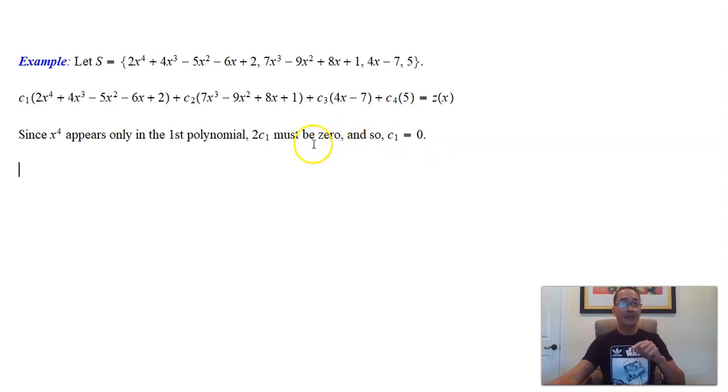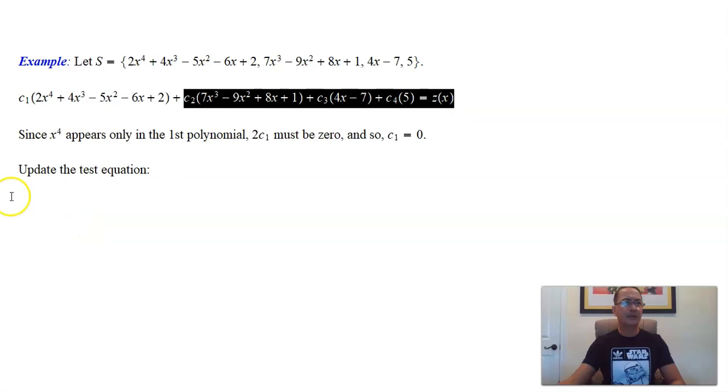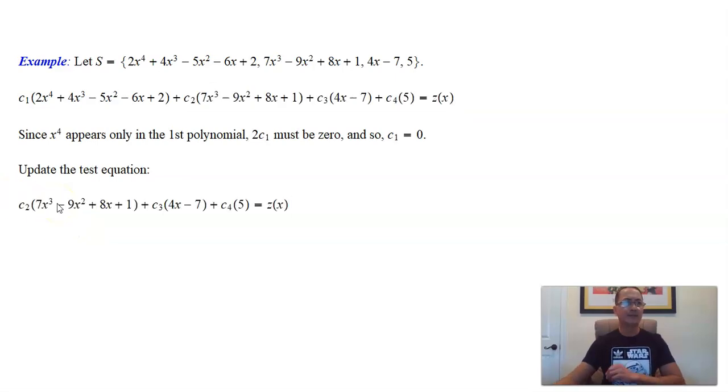Now that c1 is 0, this whole term disappears, so we can update the test equation. Now we have a shorter test equation. I hope this feels familiar. Let's keep going. I see an x cubed over here, but there is none over here and none over here.